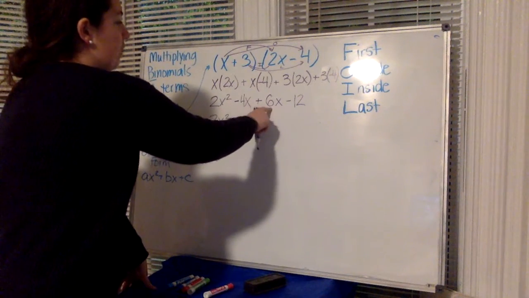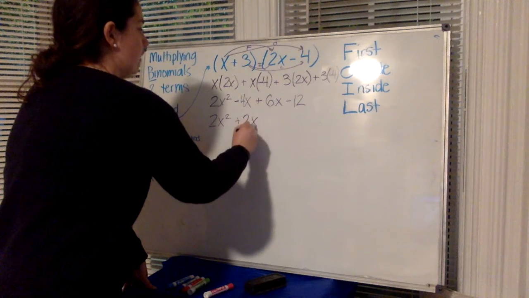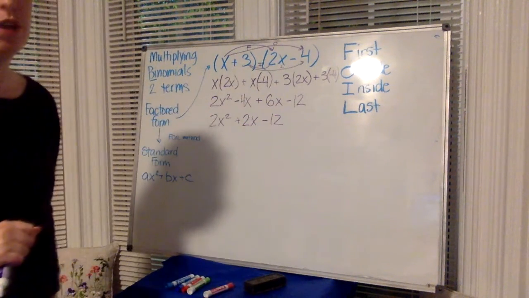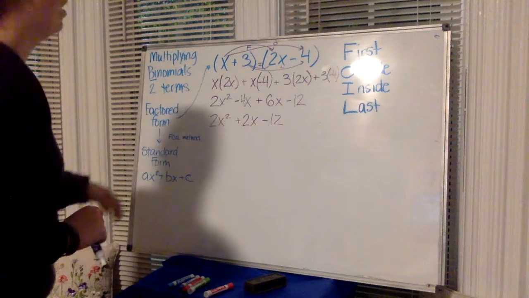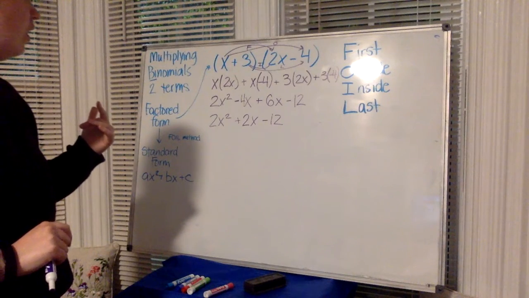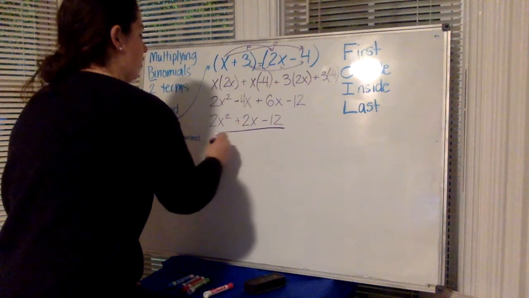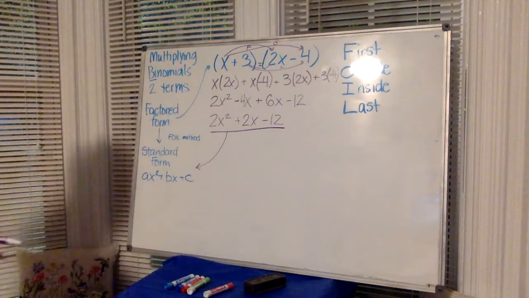So negative 4x plus 6x is going to give us a positive 2x, minus 12. No other like terms with 12. So then we have our final answer. We have now put this into standard form.